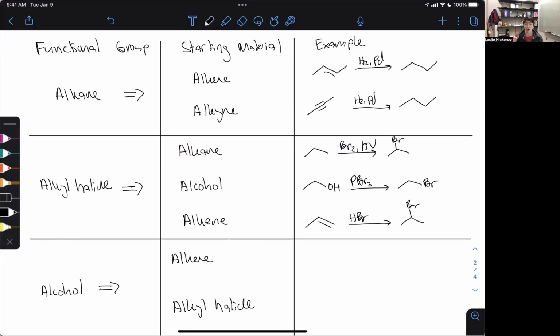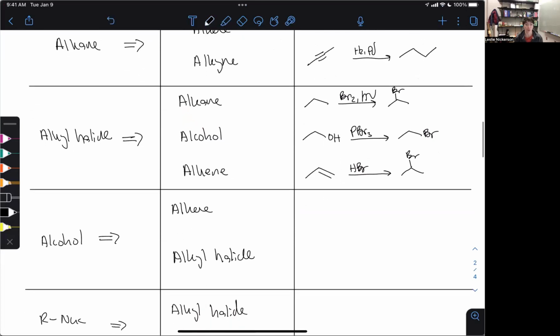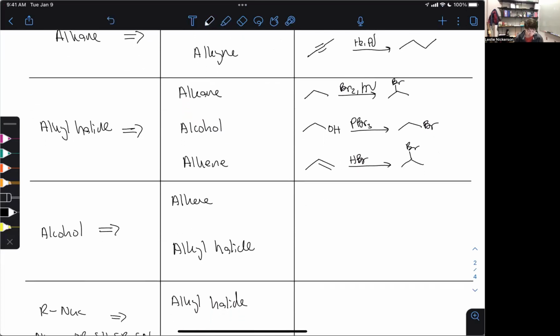So we can go from any of those functional groups to an alkyl halide with various levels of selectivity depending on what we choose. If we go to alcohol, we have plenty of alkene reactions that lead to alcohols. We also have alkyl halide reactions that lead to alcohols. So again, we know 3 ways of doing this. I'm going to just choose one.